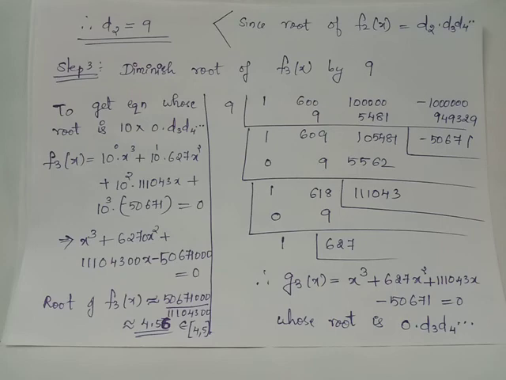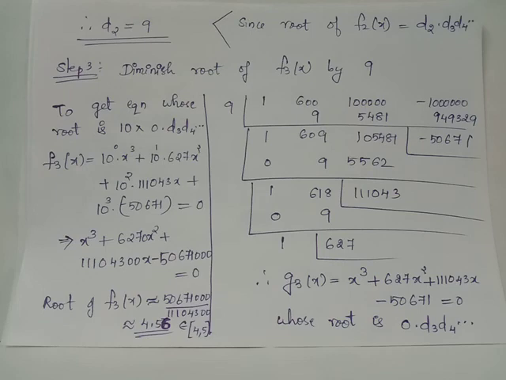Since f3 of 4 is positive and f3 of 5 is negative, the lower bound 4 becomes the value of d3. Notice that f3 of x is an equation whose root will be 10 times 0.d3, d4, etc., which means that root of f3 of x will be of the form d3.d4, d5, etc. And now we have obtained d3 equals 4.